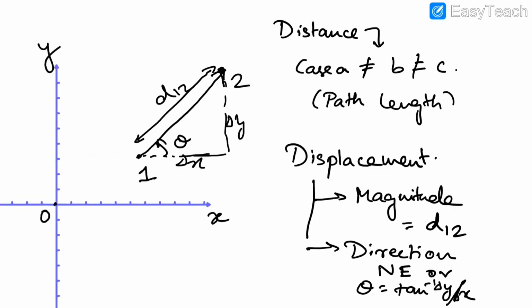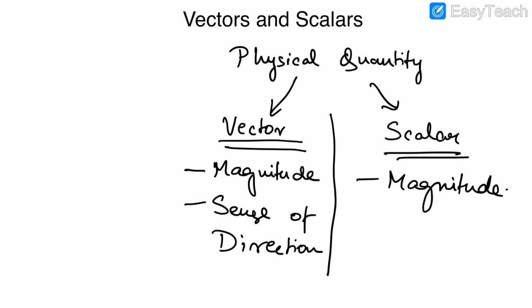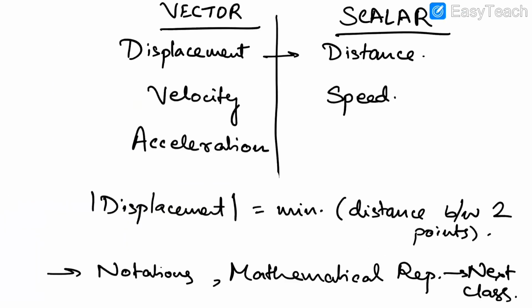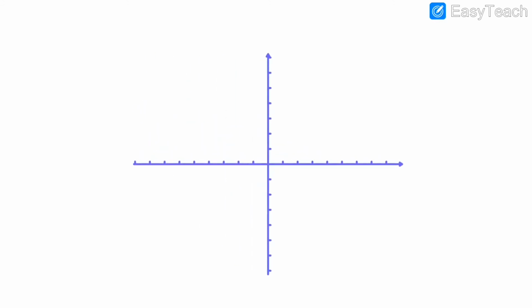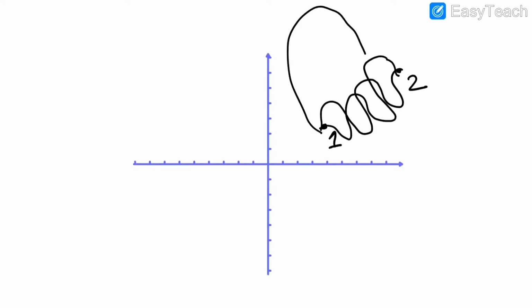I'll draw it again for you. From any point 1 to any point 2, the distance covered can be huge. You can go here, then here, then you can come back. But what is the minimum path length that you can take from point 1 to point 2?